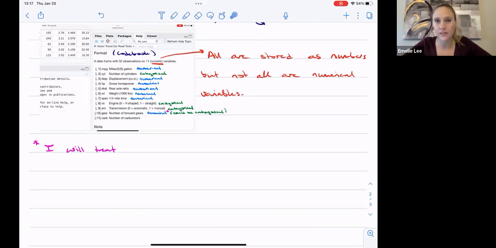But if you find yourself making a decision, deciding if you're going to treat it as numerical or categorical, and you could have been persuaded either way, then you should probably bring the reader into that, and just explain why you made the decision that you made.